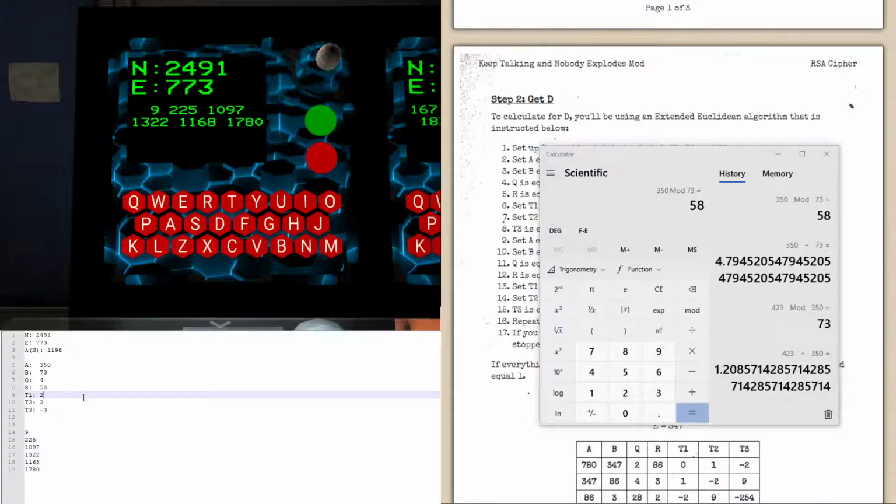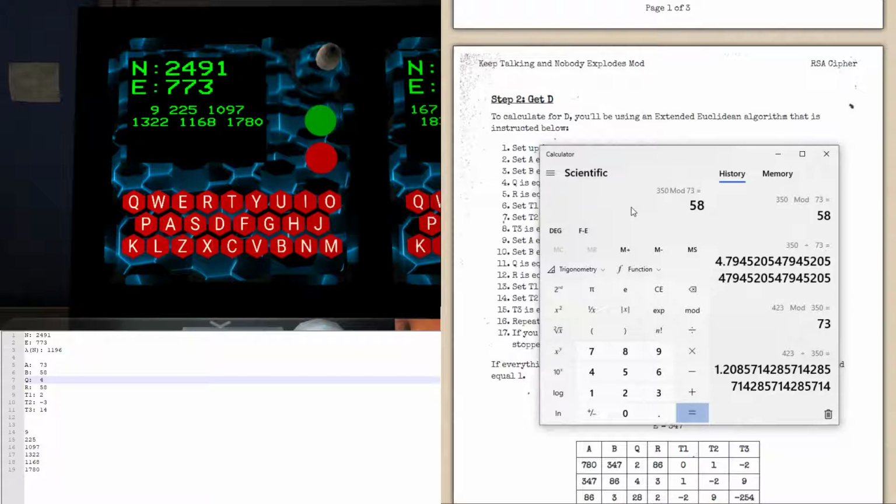So this becomes T2, T2 becomes T3, and then T3 is 2 minus negative 3 times the quotient, which is 4 right now. So the quotient, this is going to become negative 12, and 2 minus negative 12 is going to be 14. Okay, this becomes 73, this becomes 58.